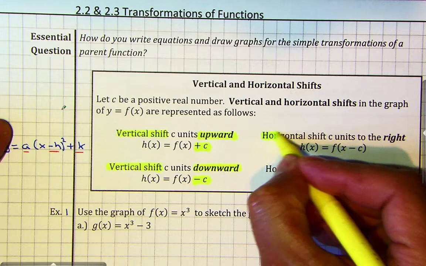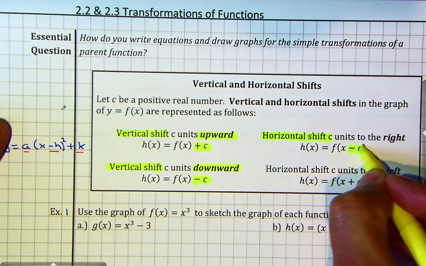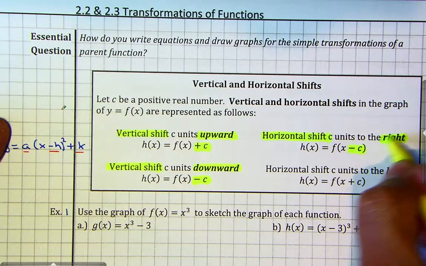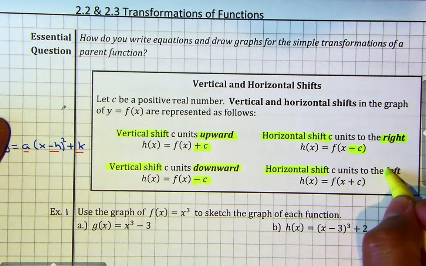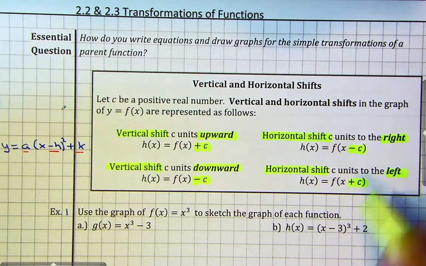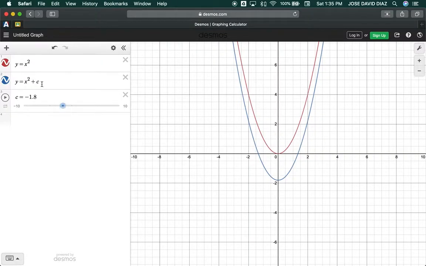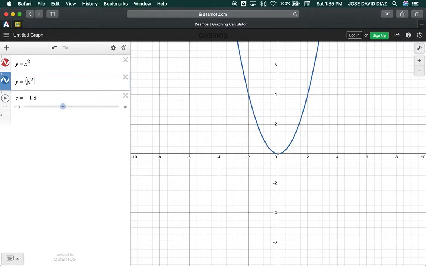It's going to create a horizontal shift if the number is inside. If it's a negative, it's going to move it to the right. If it's a positive, it's going to move it to the left. So if you go into Desmos, now we're going to place the plus c inside the parentheses.